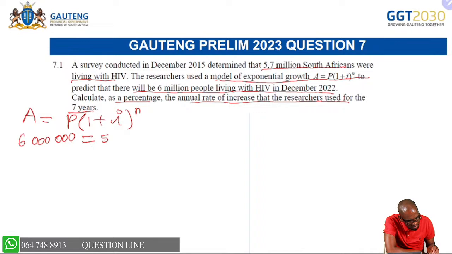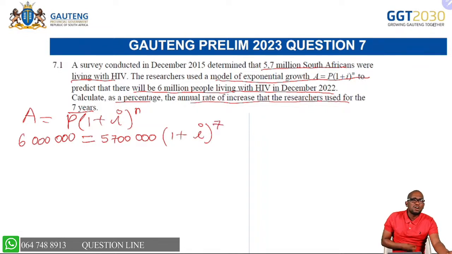So also we have 5.7 million, and that would be the principal value. 1 plus i, in this case, is what we are looking for. You are told that the growth occurs in 7 years. So there are no compoundings here.